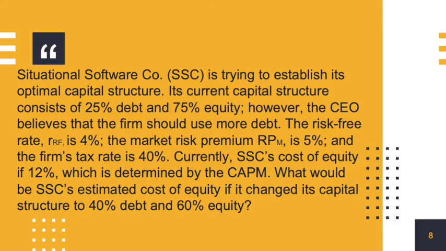The risk-free rate is 4%, the market risk premium is 5%, and the firm's tax rate is 40%. Currently, SSC's cost of equity is 12%, which is determined by the CAPM. What would be SSC's estimated cost of equity if it changed its capital structure to 40% debt and 60% equity?